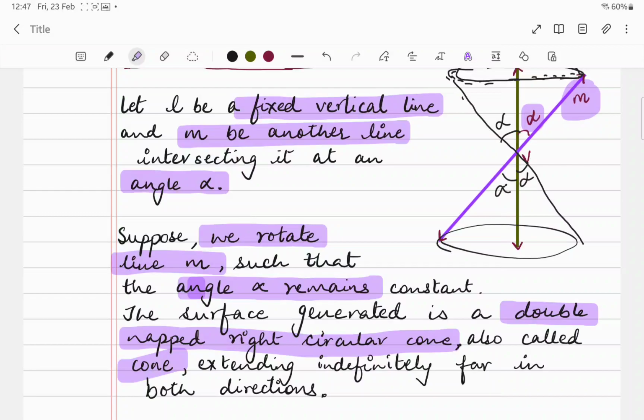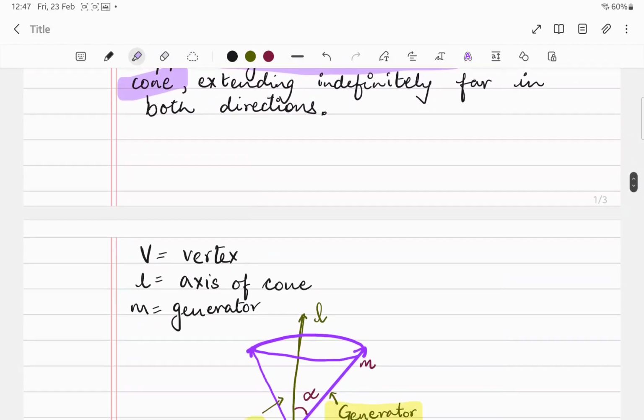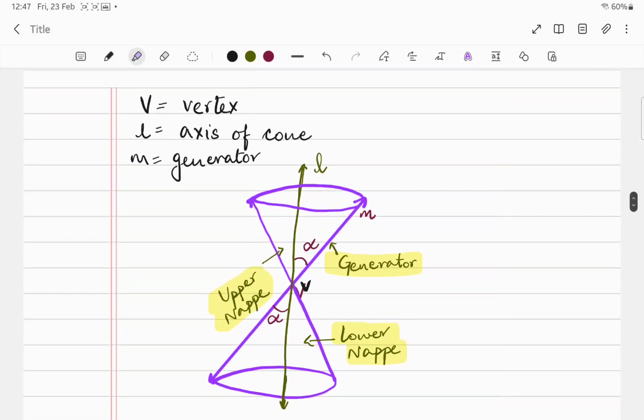The vertical line and the other lines have specific names. The vertex is this point in the middle. L, the main fixed line, is the axis of the cone. And M, the slant line that was rotating, is called a generator, because it generates the cone.